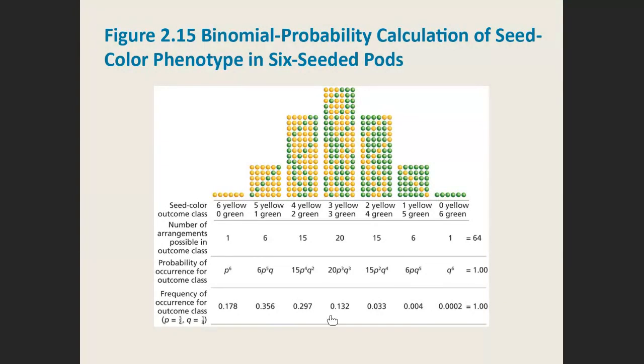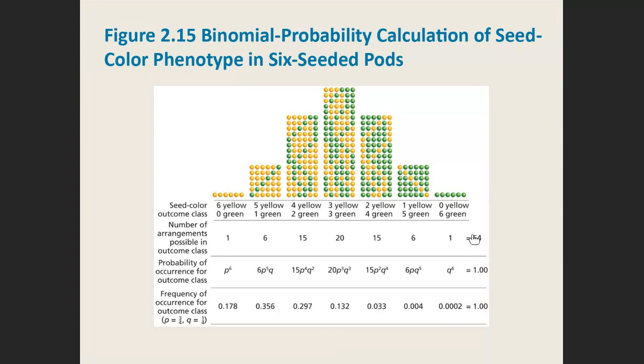So you'll note one thing here: the probability of 5 yellow seeds is 17.8%. The probability of 6 yellow seeds is 17.8%. The probability of 6 green seeds is 0.02%. So you see, it's a much lower probability of having 6 green seeds compared to 6 yellow seeds.